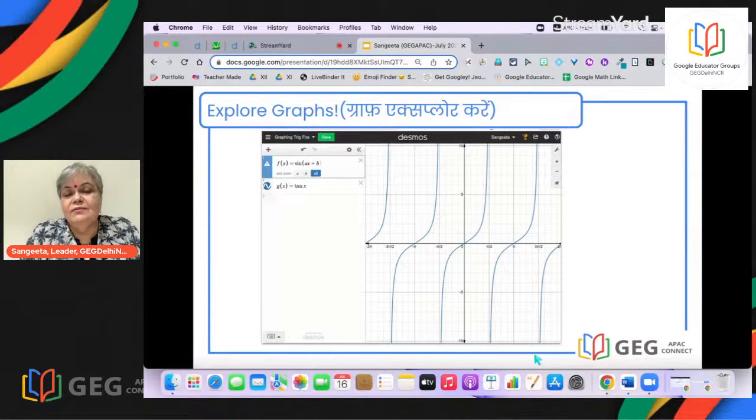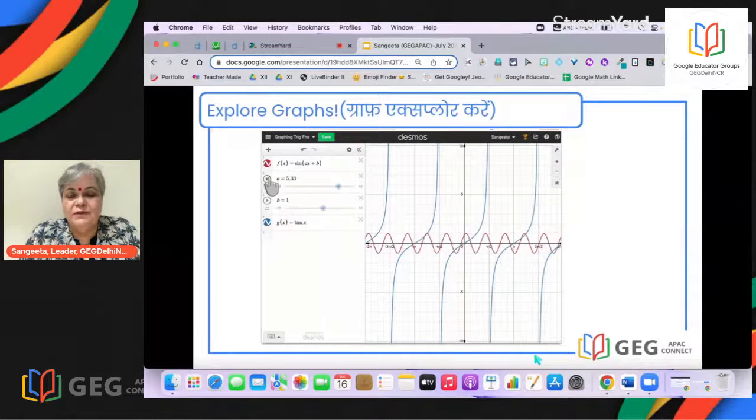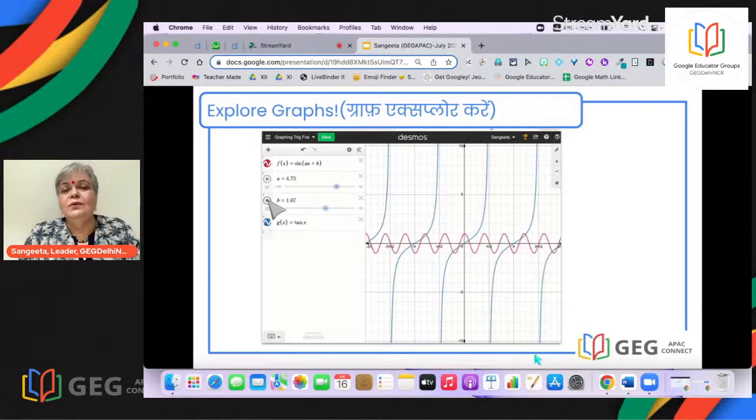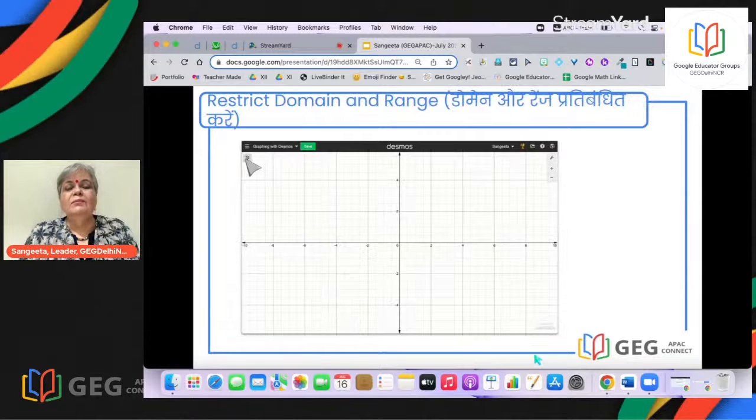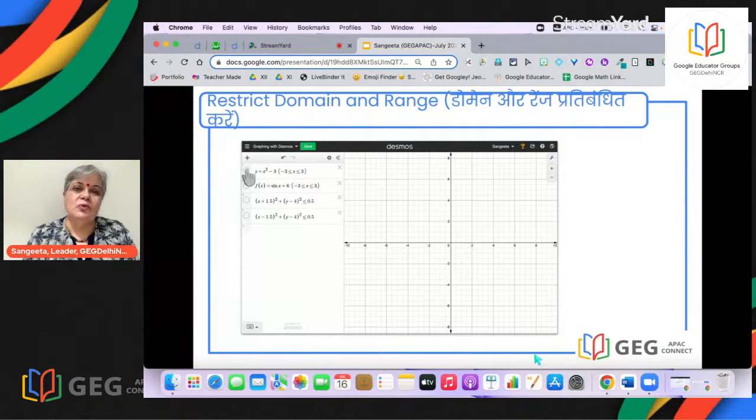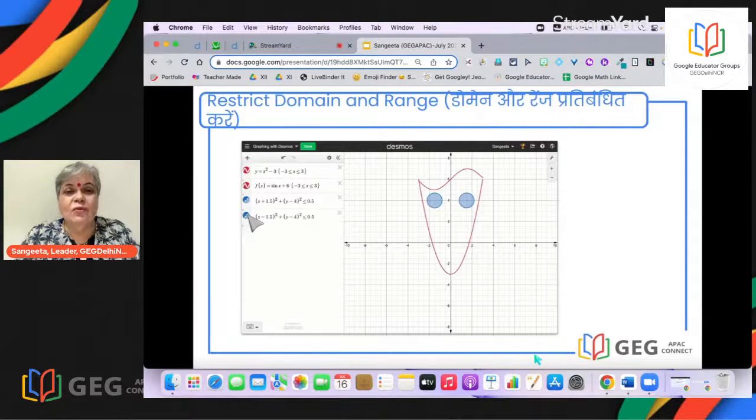But another feature which has really attracted me and made a difference in our classroom is this: when you are exploring these graphs, you can, of course, do them with various other software. But if I want to give students a more convenient way of exploring, I can use this not only by looking at the whole function, but also to see what effect it will have if I restrict the domain and range of a function.